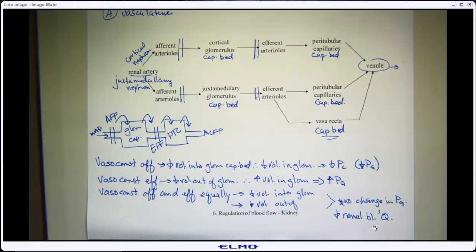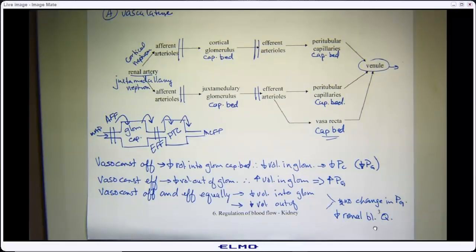So the body is going to utilize constricting these in different ways depending on what needs to happen at the level of the kidney with fluid movement. Okay, so we will see as we move forward that both afferent and efferent arterioles are differentially controlled.